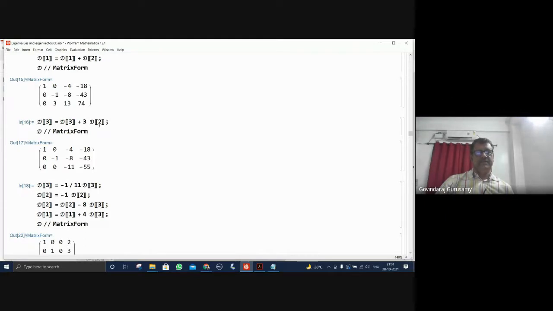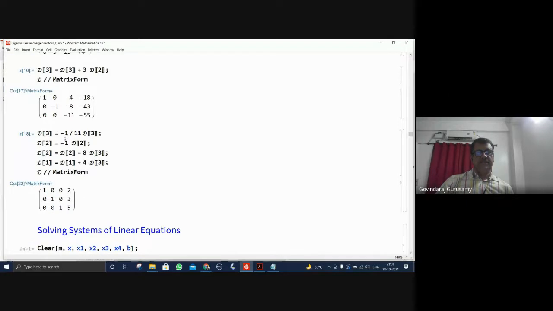R3 is again this kind of a transformation. Then R3 is minus 1 by 11 times R3. R2 is minus 1 times R2, and R2 is R2 minus 8 R3. Then R1 equals R1 plus 4 R3. If you do all this, finally you'll end up with this result.